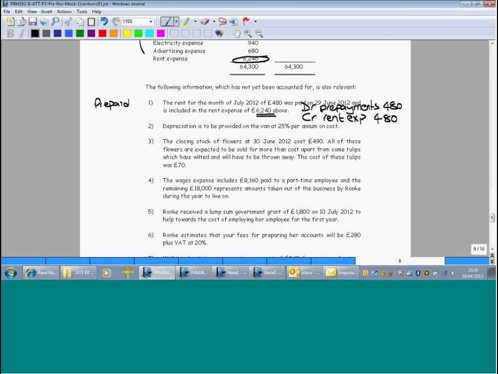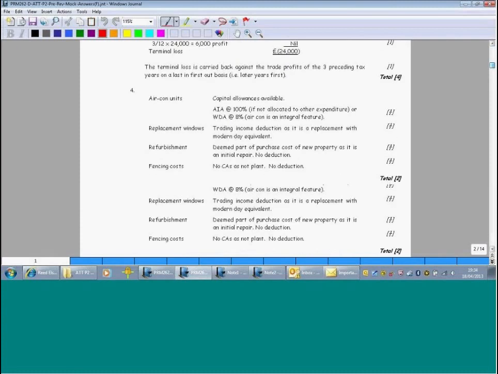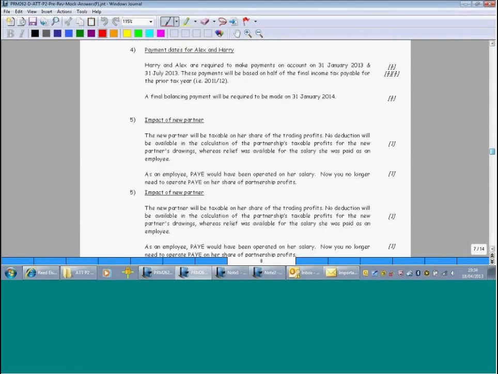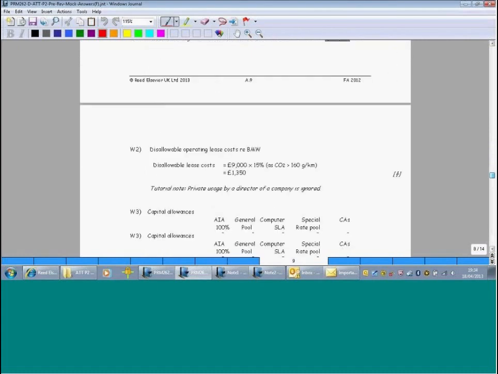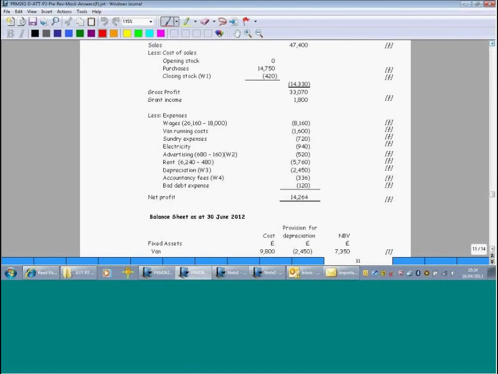Now, the only reason I've done that double entry is to explain to you what the answer then does. Because if you look at the answer to this question, so if I just scroll through the answers document until we get to the answer to question 3. What you might find helpful, you could set up at this point, under your list of expenses in the P&L, a heading for rent.